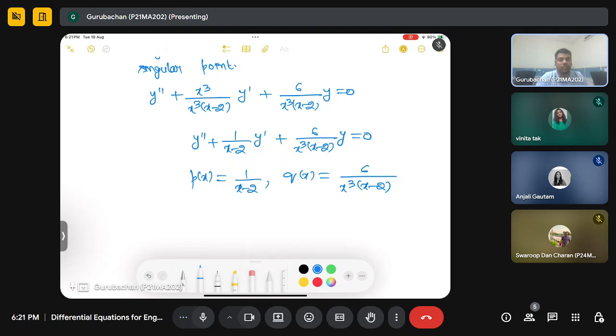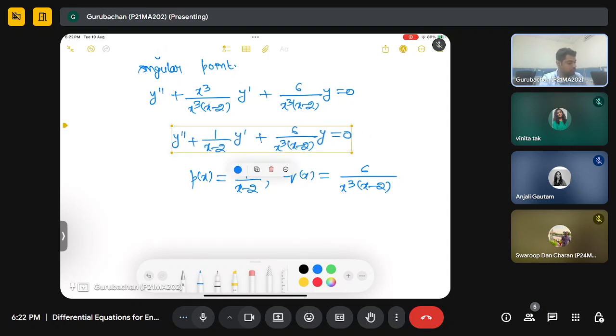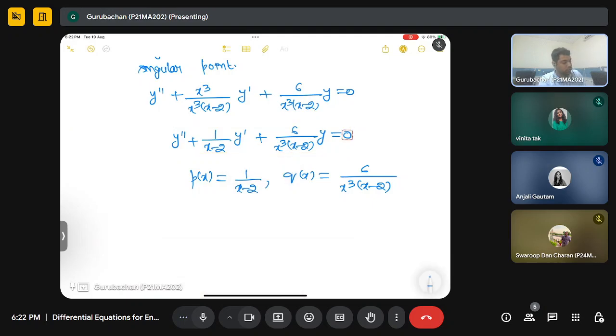Since we got our singular points as 0 and 2, we will first check for x naught not equal to 0. Then we will check for x naught equal to 2. So for x naught equal to 0, we need to calculate limit x tending to x naught of (x minus x naught) p(x).